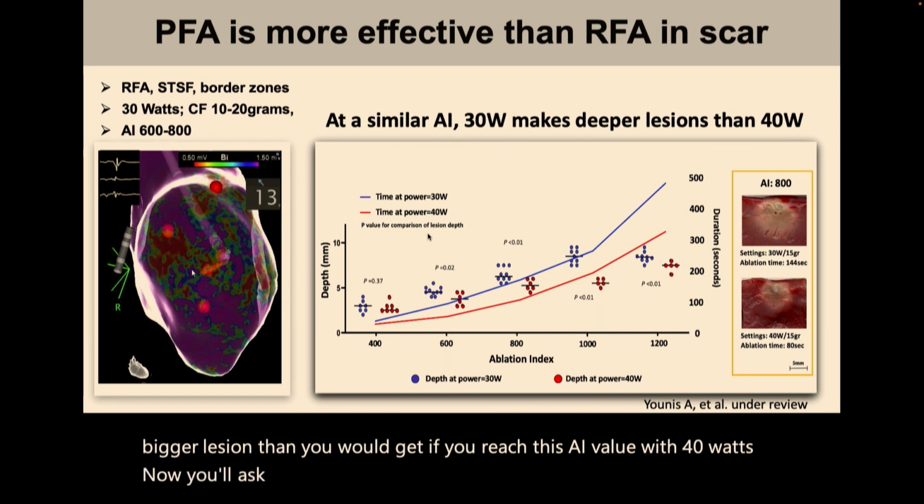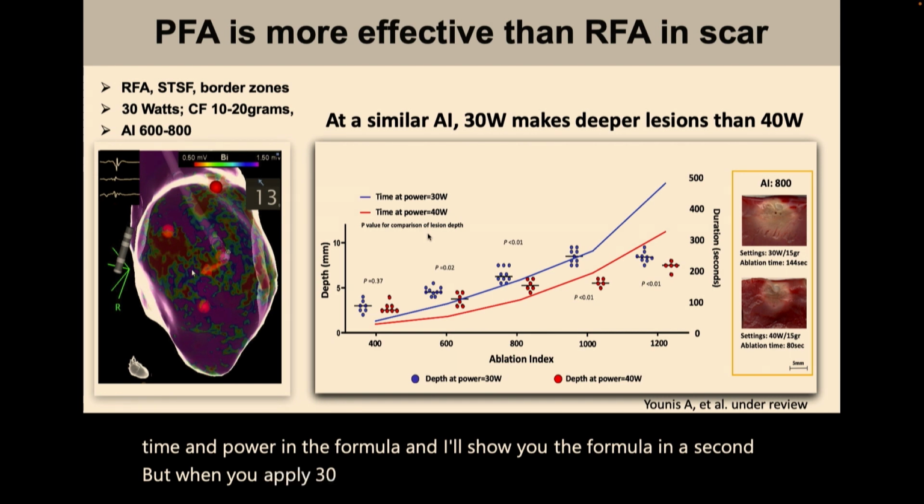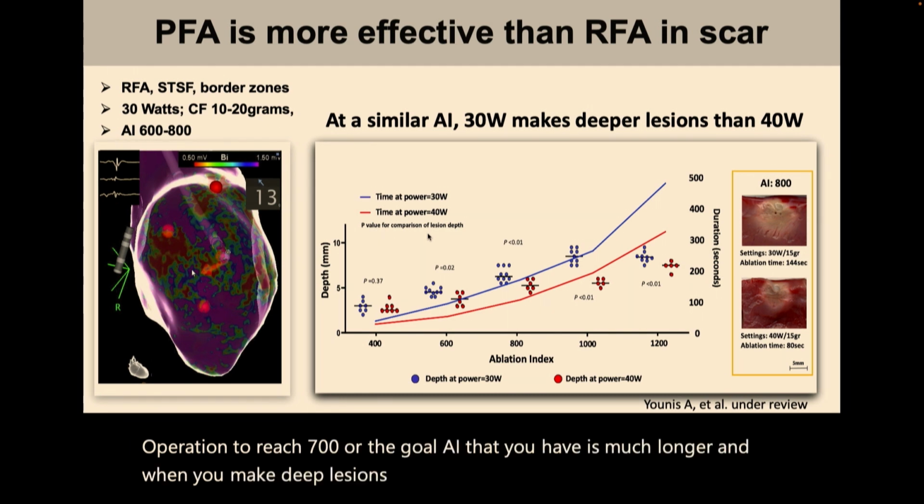The reason is the proportional significance of time and power in the formula, and I'll show you the formula in a second. But when you apply 30 watts, the ablation duration to reach 700, or the goal AI that you have, is much longer. And when you make deep lesions, likely the duration plays a significant role.